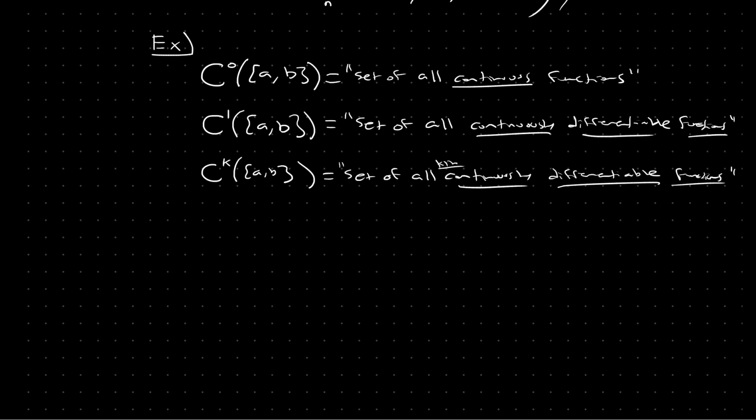And recall from your Calculus 1 class that if a function is differentiable on a closed and bounded interval, that function necessarily has to be continuous on that interval as well.